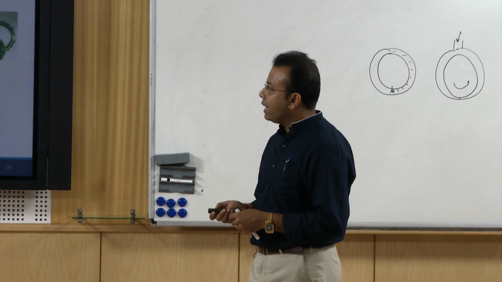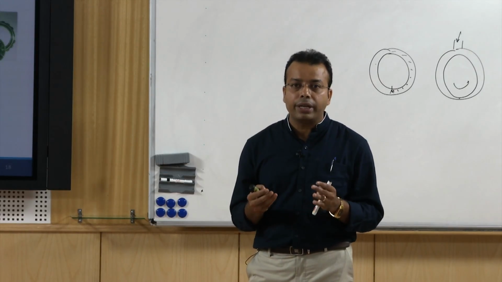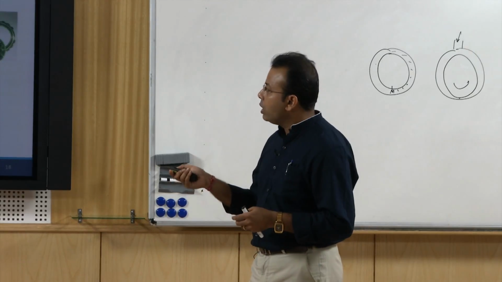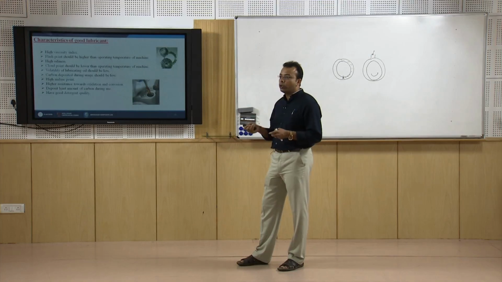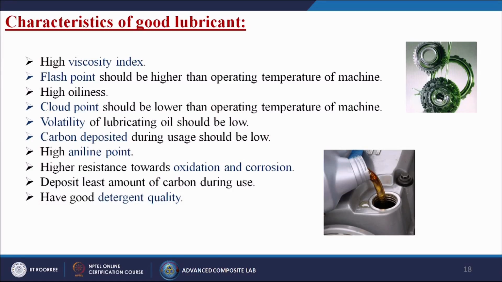Next is called the characteristics of a good lubricant. What properties should that lubricant have so that we can use it? First one is a high viscosity index. With temperature it should not become too liquid, or the liquidity of that lubricant should change very little, so that it will always create a film in between the mating surfaces and will not go out.